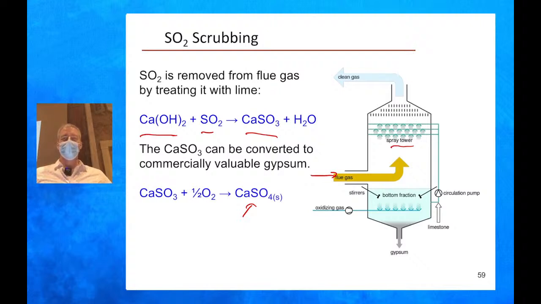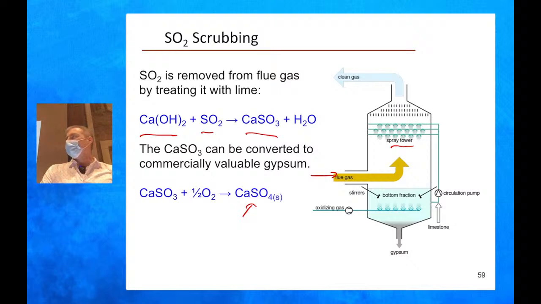And calcium sulfate can be mined for that purpose, but it turns out we produce a lot of calcium sulfate from power plants from this scrubber process. So not only does it clean the sulfur out of the air, it also produces a usable product at the end. So all you've got to do is take these scrubbers, install one on every power plant, and that gets rid of like 99% of the SO2, and problem solved.